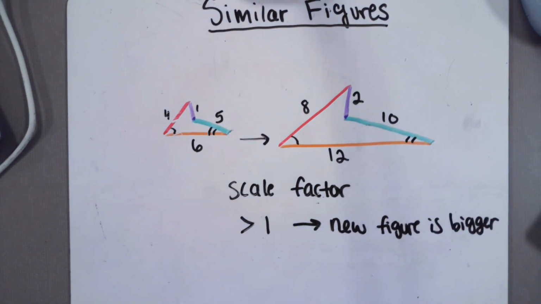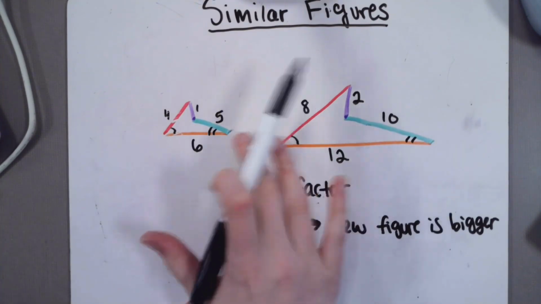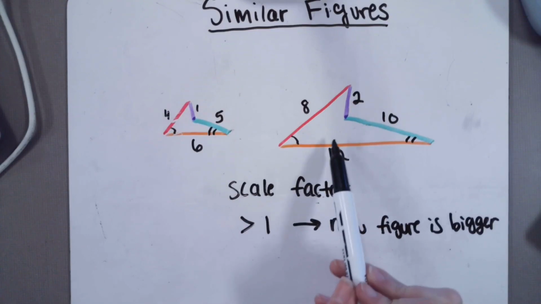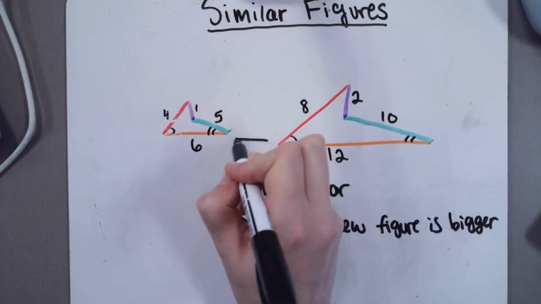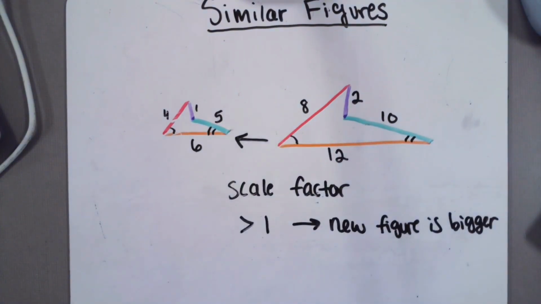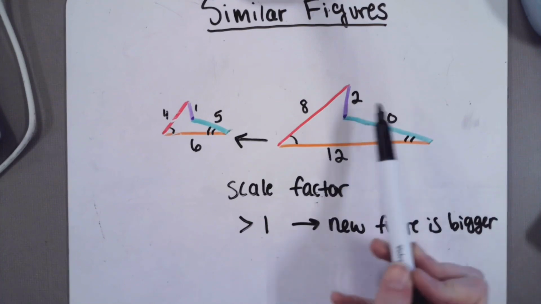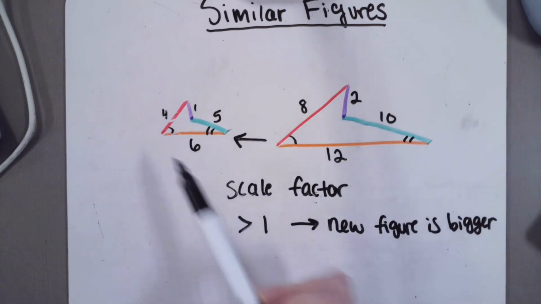But we don't always have to make figures bigger, we can also make them smaller. So for example, if I started with the big figure and I wanted to transform it into the similar smaller figure, then my scale factor would be 1/2, because if I multiply these sides by 1/2, I get these sides.